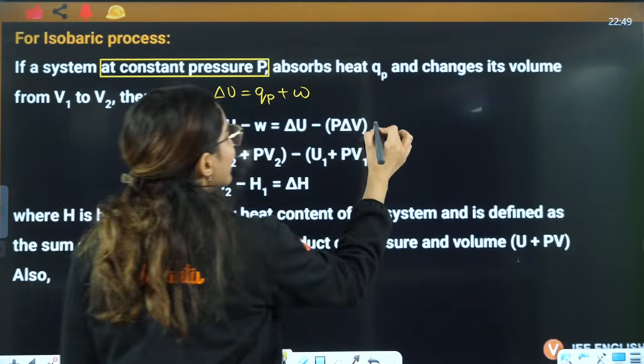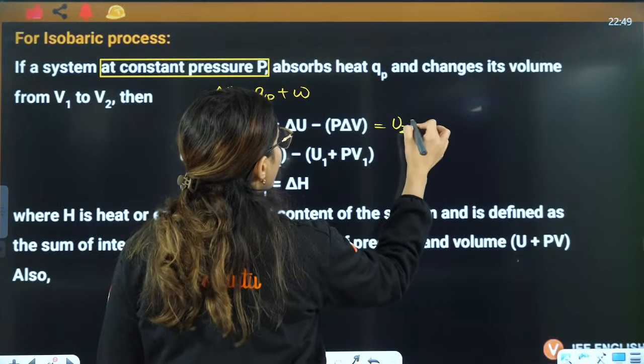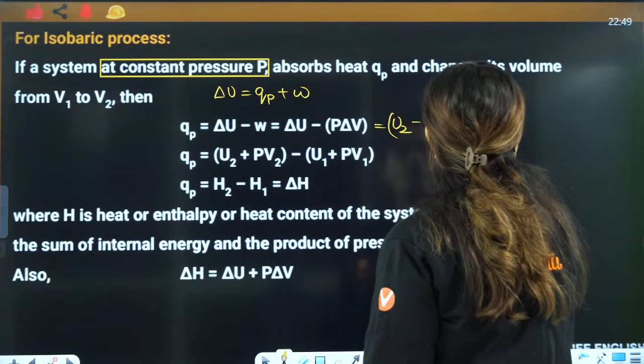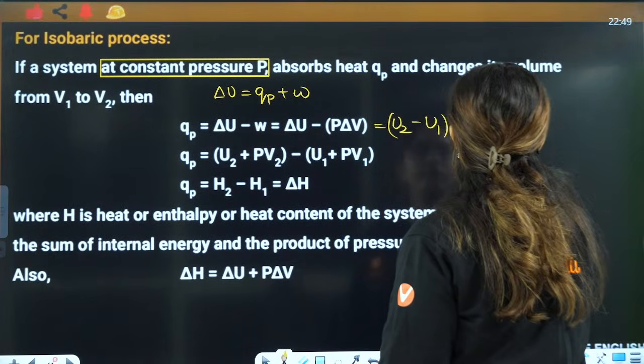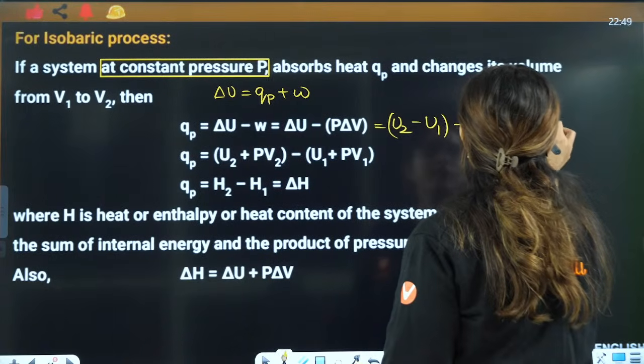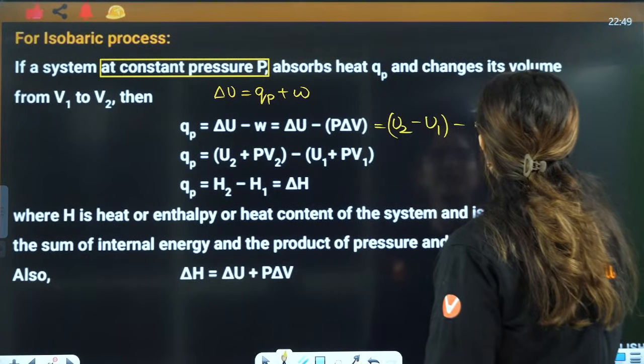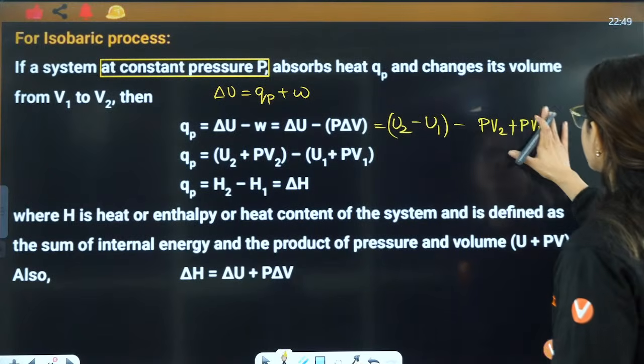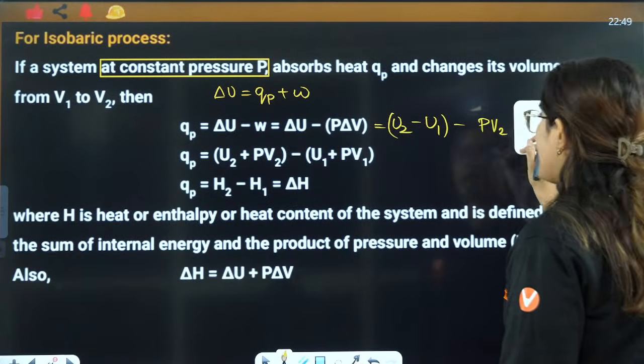So you can write this as U2 minus U1, that is for delta U, minus of P V2 minus P V1. Minus minus will become plus here. Or you can write it like this.